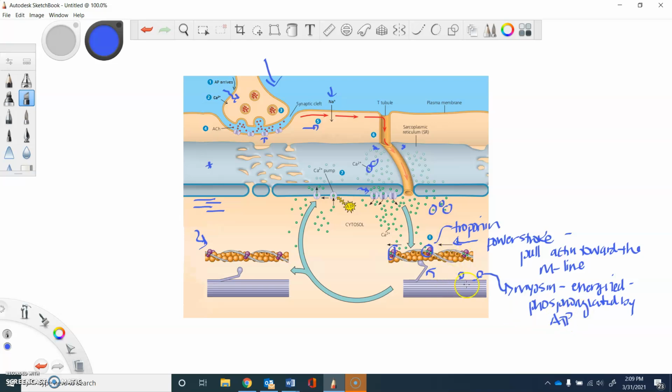So they are bound with ADP and inorganic phosphate in their ready position. They're laying here ready to go with ADP and inorganic phosphate attached to them.